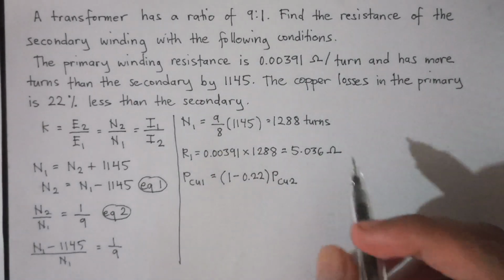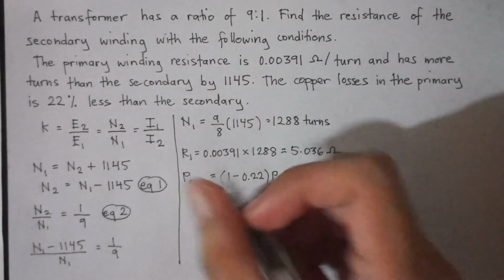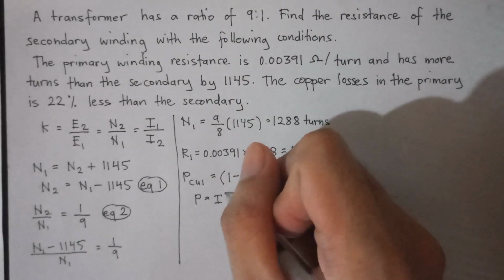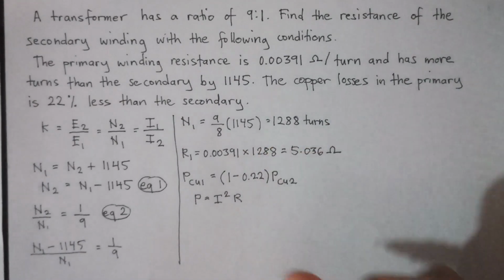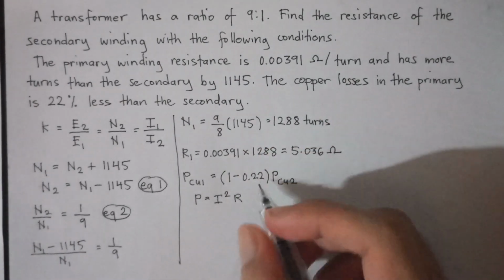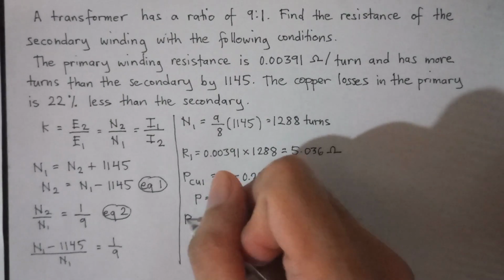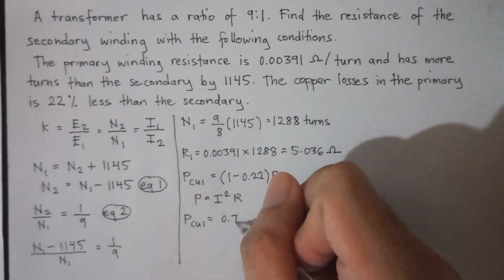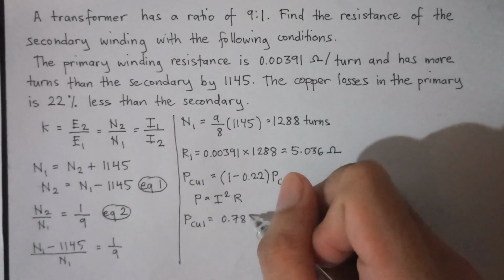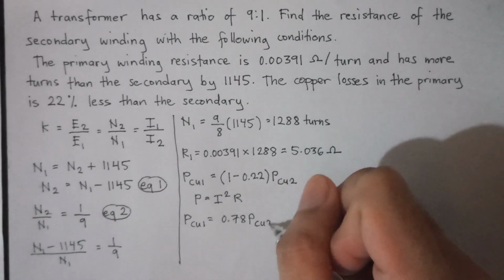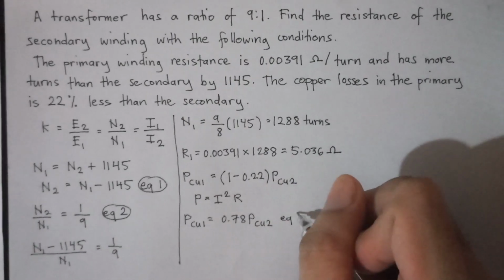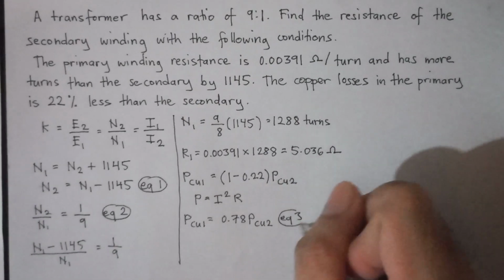Remember that another formula for the power is P is equal to I squared times R. So simplifying this, P sub Cu1 is equal to 0.78 of P sub Cu2. Let's say this is our equation 3.